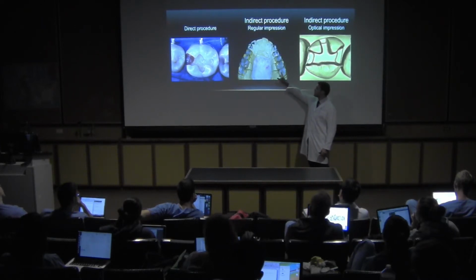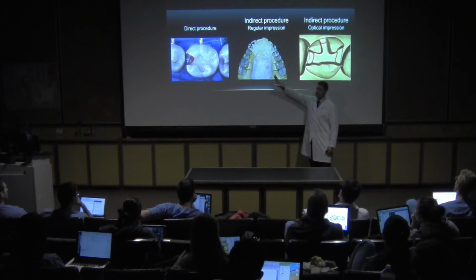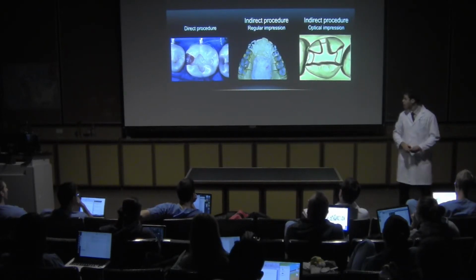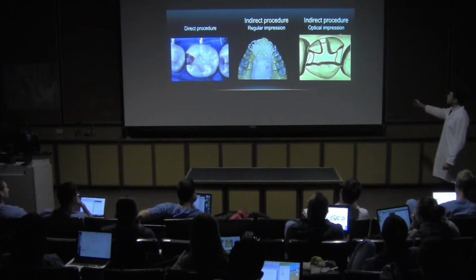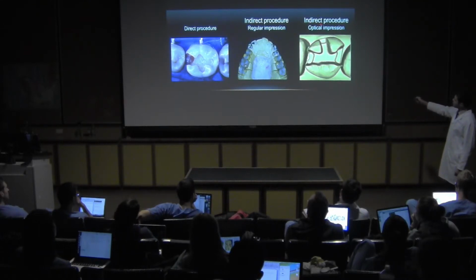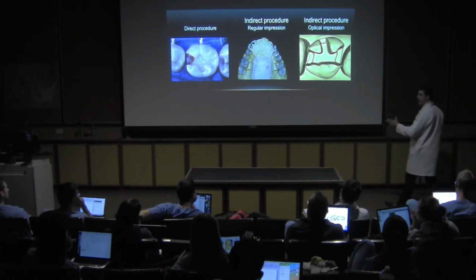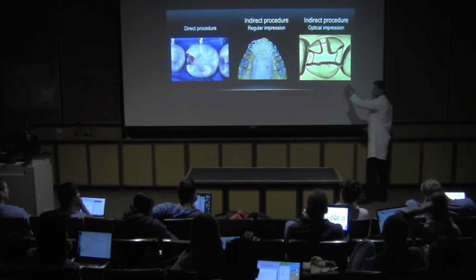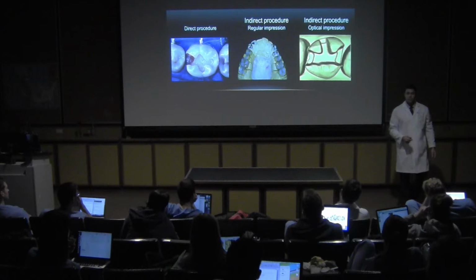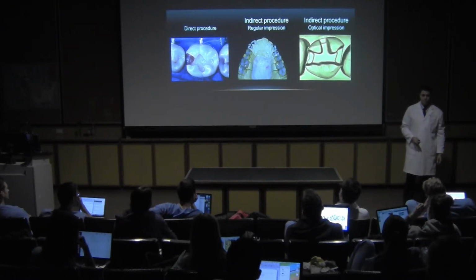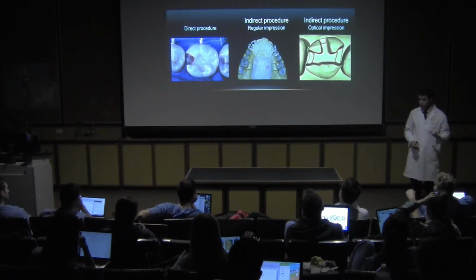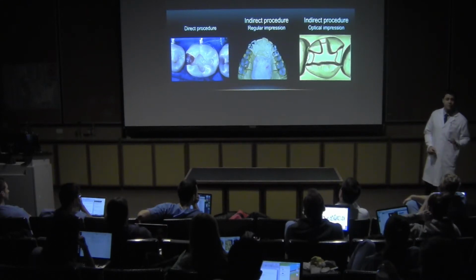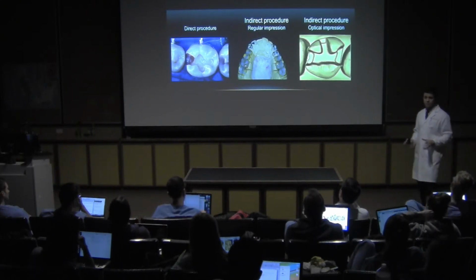The lab technician will create these restorations for us. Or if I'm going to also work in indirect procedure but optical impression, we will have this on a computer screen, and then we will create the restoration. And remember, with optical impression, on the same appointment, the patient will be done.